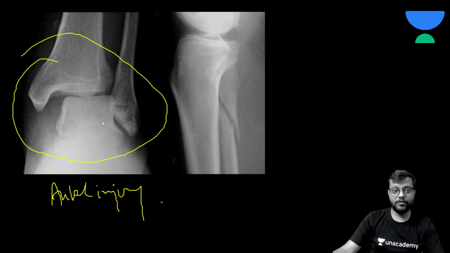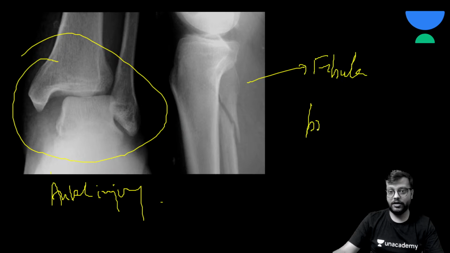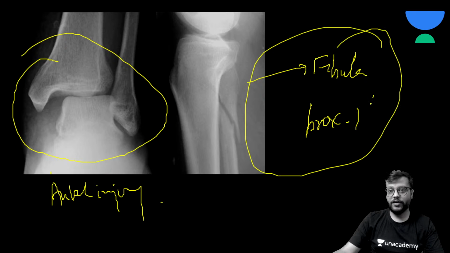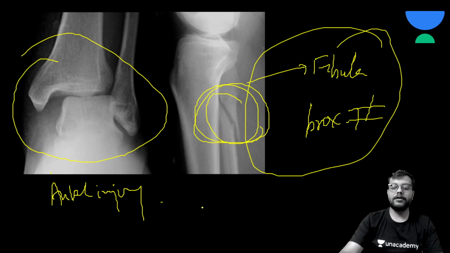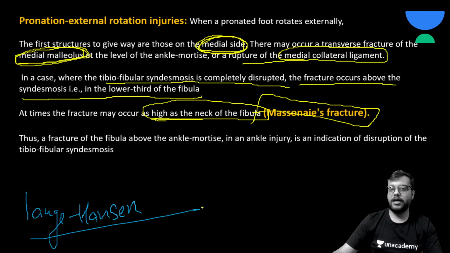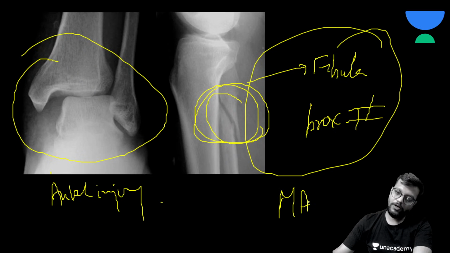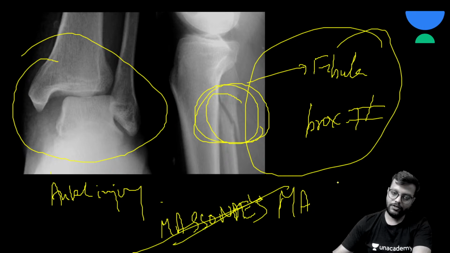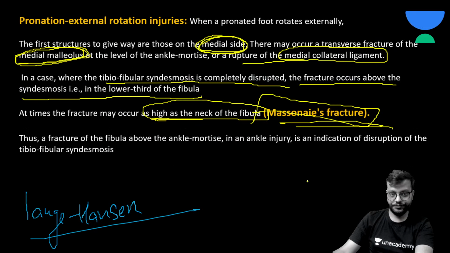So here in the fracture you have to see the head or the proximal part of the fibula, और यहाँ पे you can easily see कि there is fracture of the proximal or the neck of the fibula, and this fracture is called as the Maisonneuve's fracture. Okay, understood? Very easy.